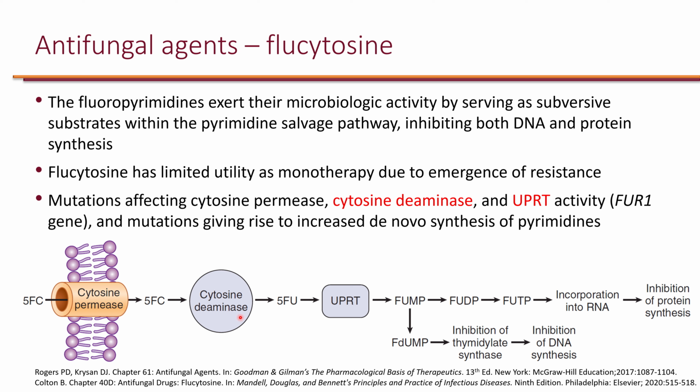Following conversion to fluorouracil, its antifungal effects are mediated through inhibition of both DNA and protein synthesis. So mutations affecting cytosine permease, cytosine deaminase, and UPRT activity can lead to resistance to this agent.